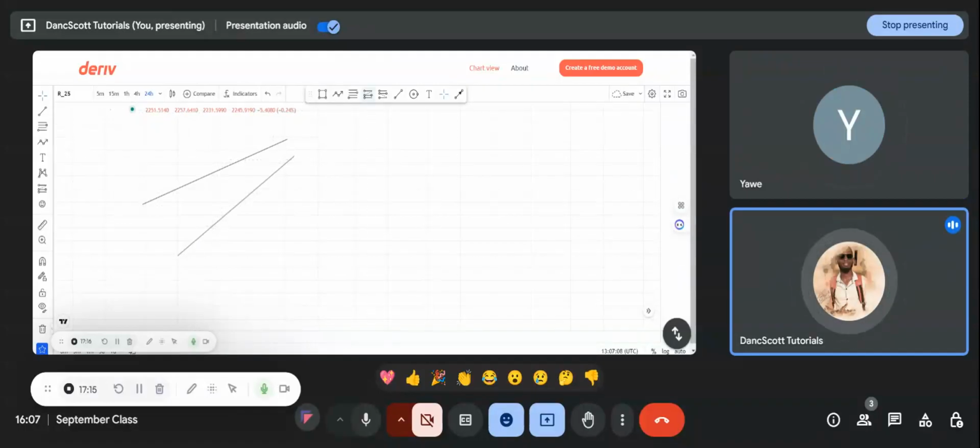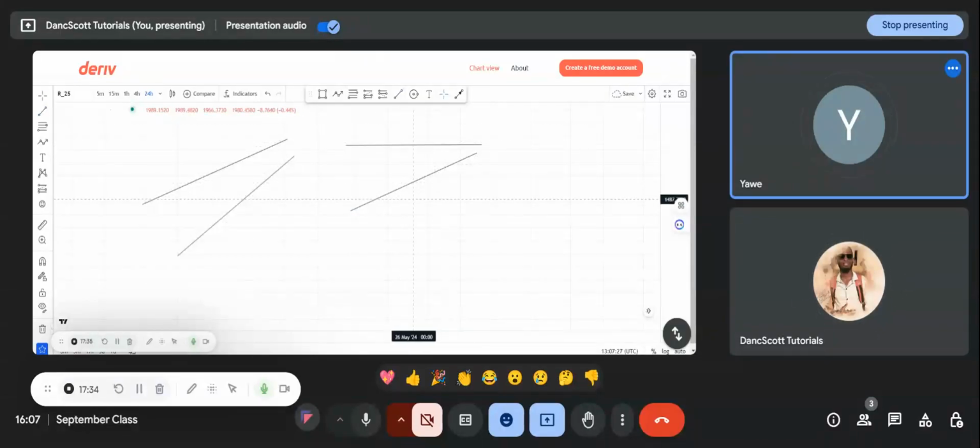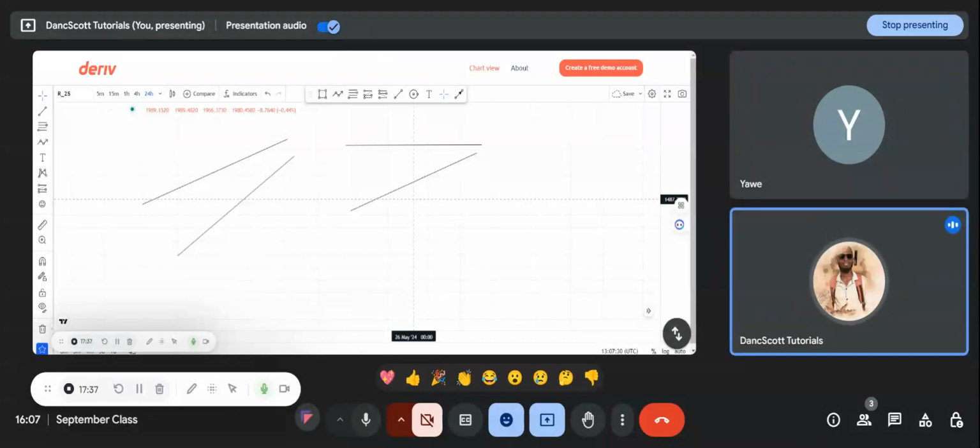Now there is also something like this. This is not a rising wedge. This is an ascending triangle. I want you to mark the difference between a rising wedge and an ascending triangle.